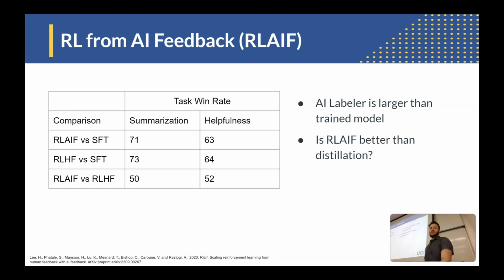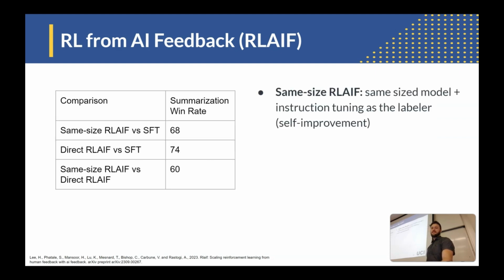Not very. They also looked into what if we use the same model, a similarly sized model, to do the labeling, and we can still get some improvement. This is maybe analogous to self-improvement, where you label your own data and train on it again.